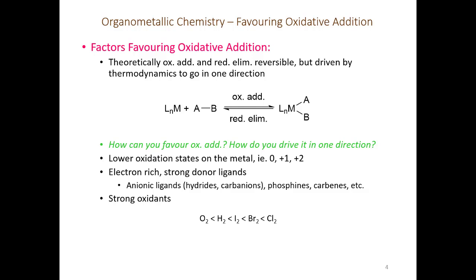What's interesting here is that oxygen, which has a very high standard reduction potential of 1.23 volts, is not as strong an oxidant as hydrogen, which has a standard reduction potential of 0. And the reason for that is upon oxidative addition, the hydrogen forms two metal hydride bonds, which are very strong, whereas oxygen, when it undergoes oxidative addition, forms a very high energy peroxo species, which is not very stable, shown here.